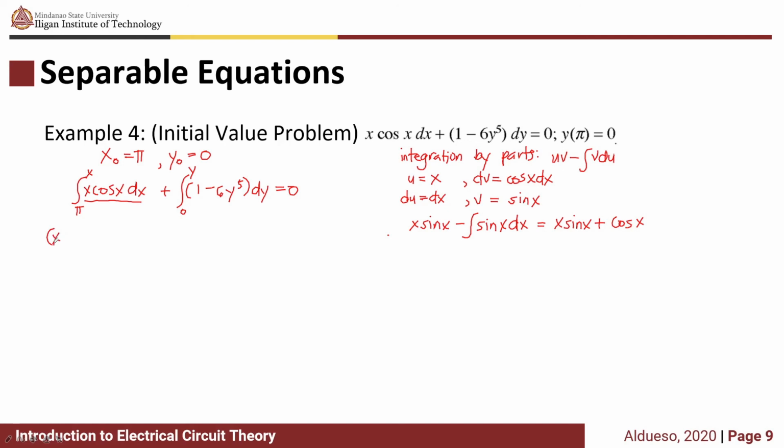We have x sine of x plus cosine of x evaluated from pi to x plus the integral of this term, we have y minus y to the 6th evaluated from 0 to y equal to 0. We have x sine of x plus cosine of x minus, we have pi sine of pi plus cosine of pi.